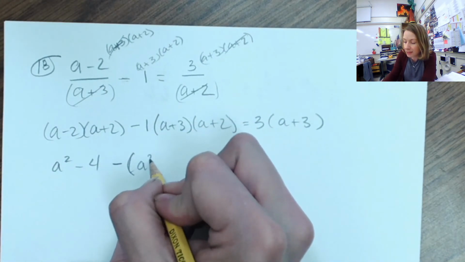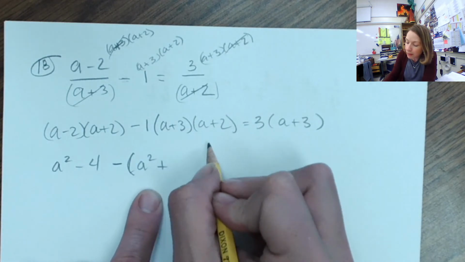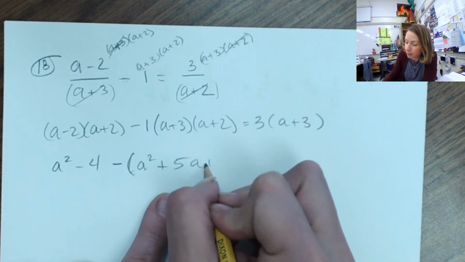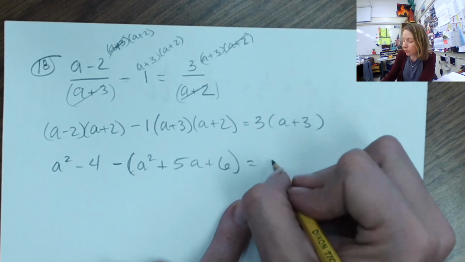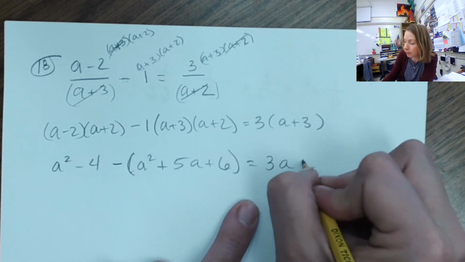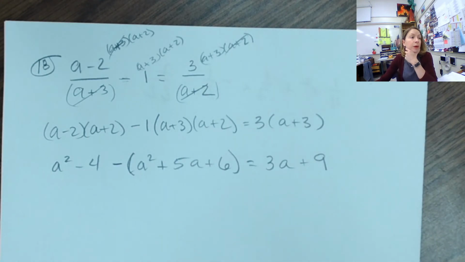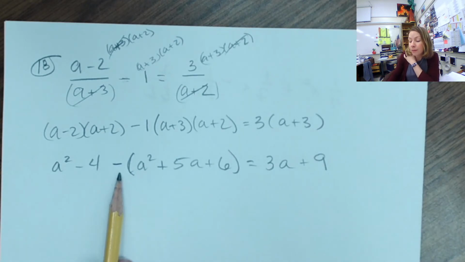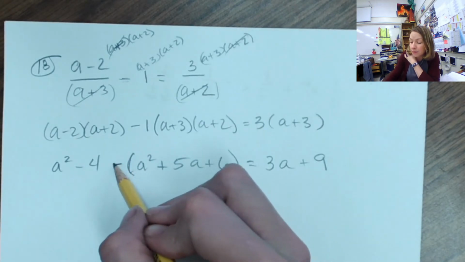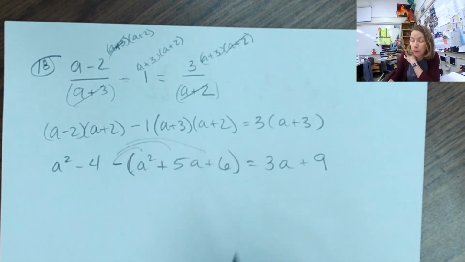So I've got an a squared plus 5a plus 6. Then over here, I've got a 3a plus 9, right? You want to make sure, pay attention as you work through with your distributive property. I left this negative out in front because this one I have to make sure to make it go all the way through, right?